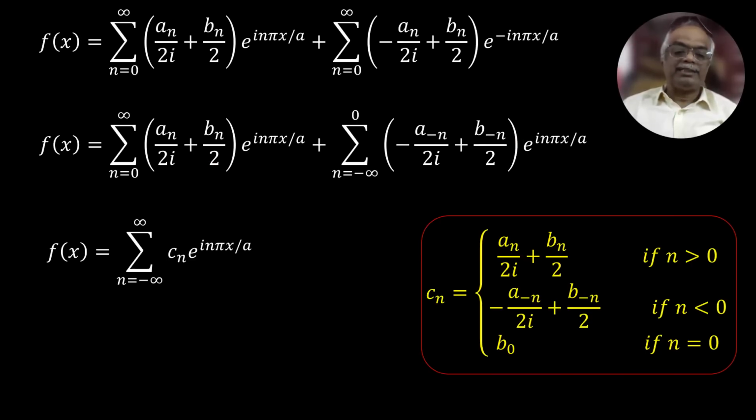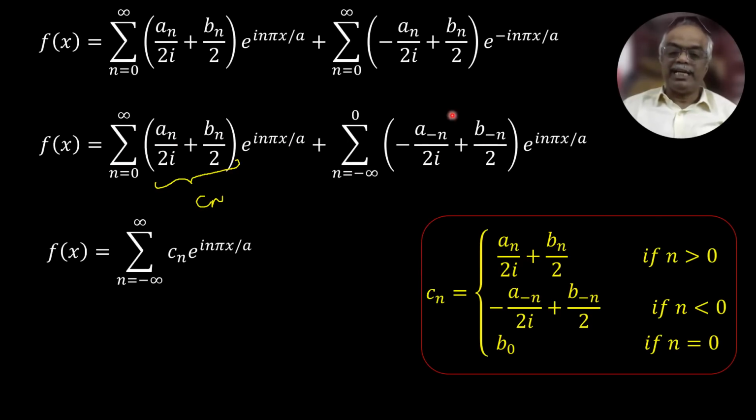Here this c_n value is equal to this one for positive integers, that is a_n divided by 2i plus b_n divided by 2. So I have c_n equal to a_n divided by 2i plus b_n divided by 2 if n is greater than 0, that is, a positive integer.